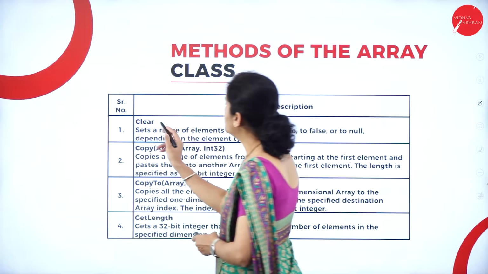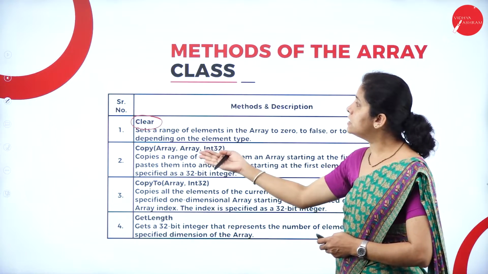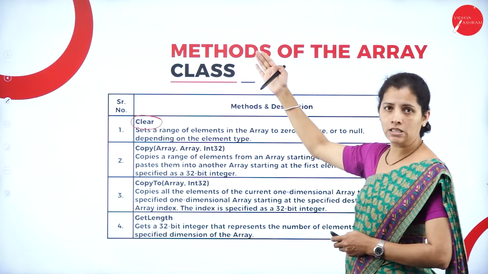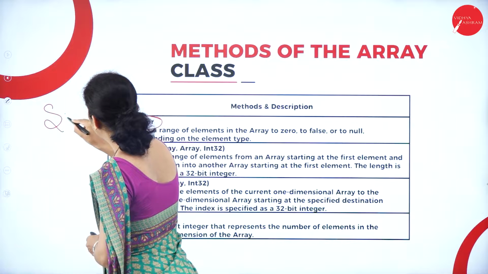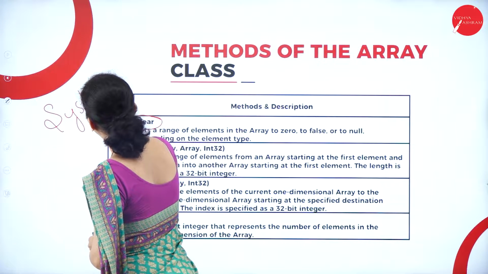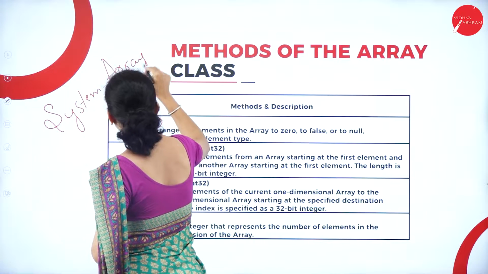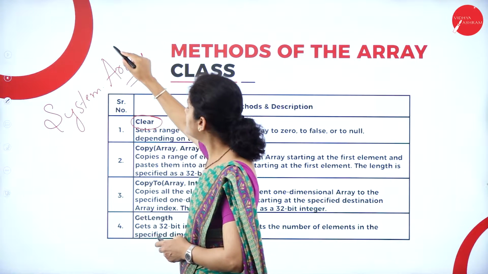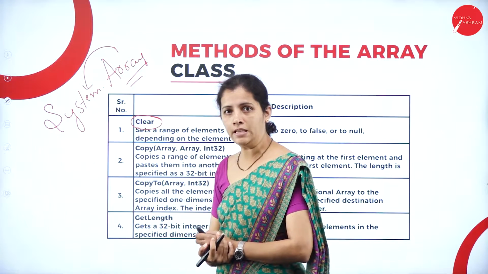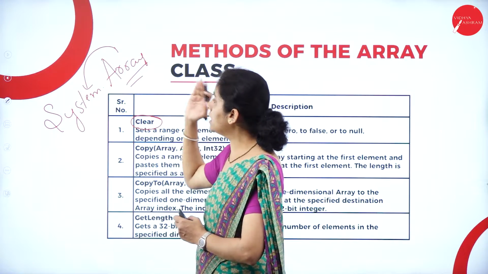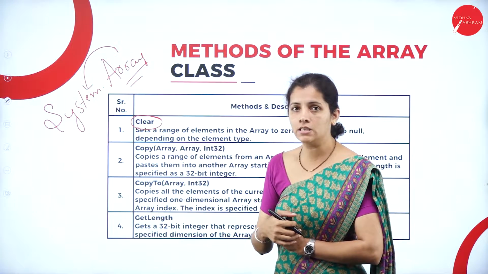Then I'm going to have Clear. So what is this Clear? This is nothing but a method. So dear student, if I consider System.Array, this Array is present in the System namespace, and this Array class holds properties as well as methods.